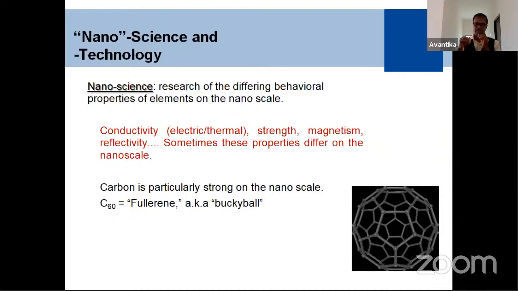Once you go to the nano region of the material, the conductivity as well as strength become enhanced. It becomes higher. That is the reason most scientists are working in the nano region. For example, carbon 60 is the best example for the nano region.